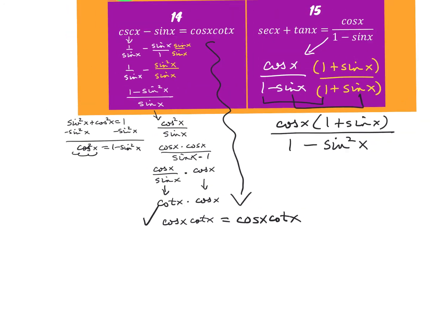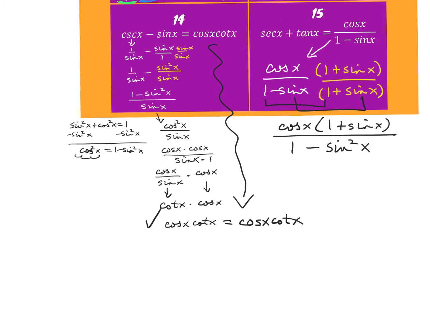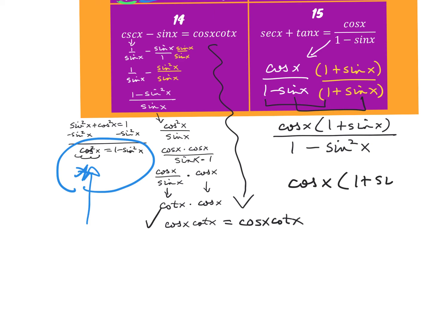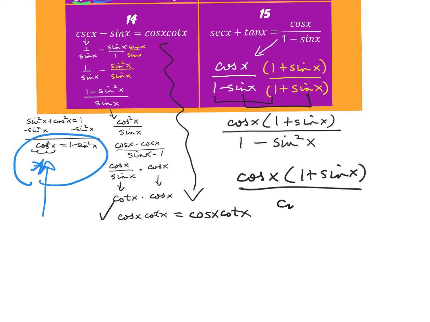I do. So the same work that I just did over here, this is what I'm going to replace the denominator with, cosine squared x. So my numerator is going to stay the same. The denominator becomes cosine squared x.